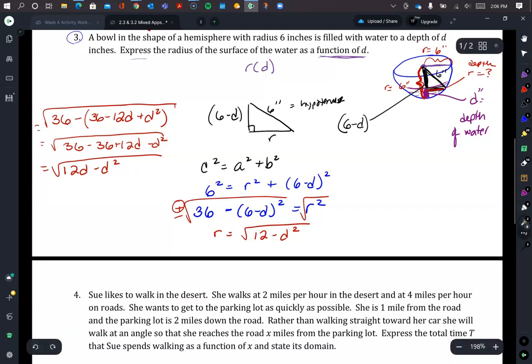Be careful that you keep your parentheses around there because you need to distribute this negative, and sometimes that's where people will make an error and get the wrong answer. So those will cancel out, and I'm left with 12d minus d squared. That goes under my square root here. r equals the square root of 12d minus d squared, and again, you can just leave it like that.